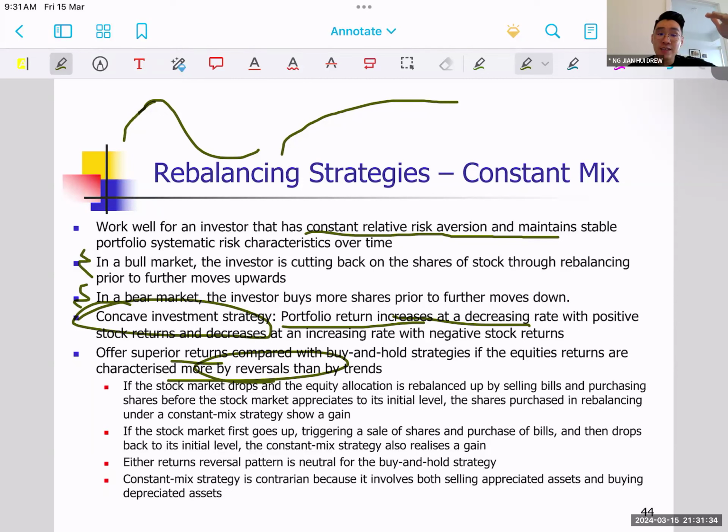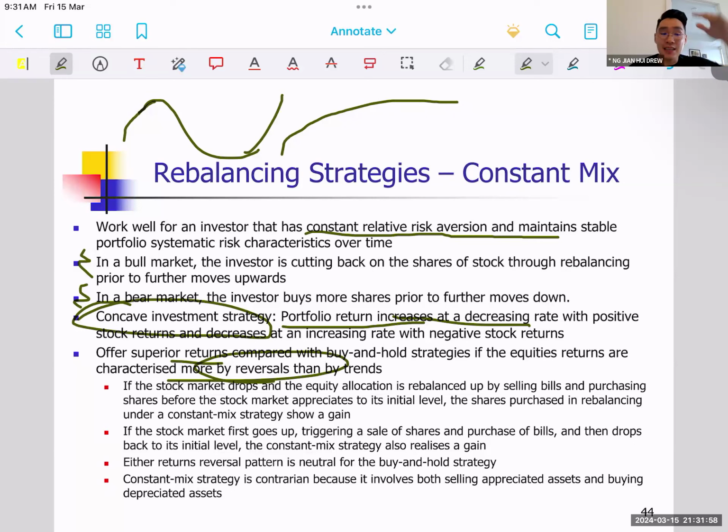Now, think about it the other way. If the portfolio value is decreasing, you keep buying, right? And then it suddenly increases. Since you already bought when it was decreasing, when it increases, the portfolio will gain a lot of money, right? So in this kind of scenario, you can understand that the constant mix strategy is pretty good for an oscillating market.